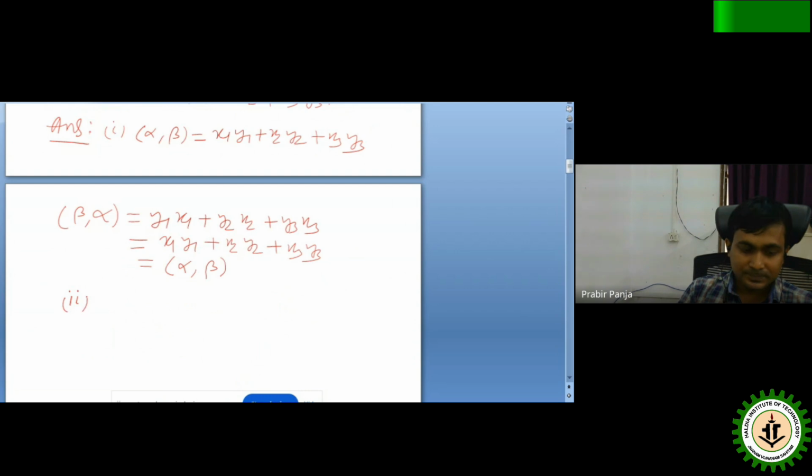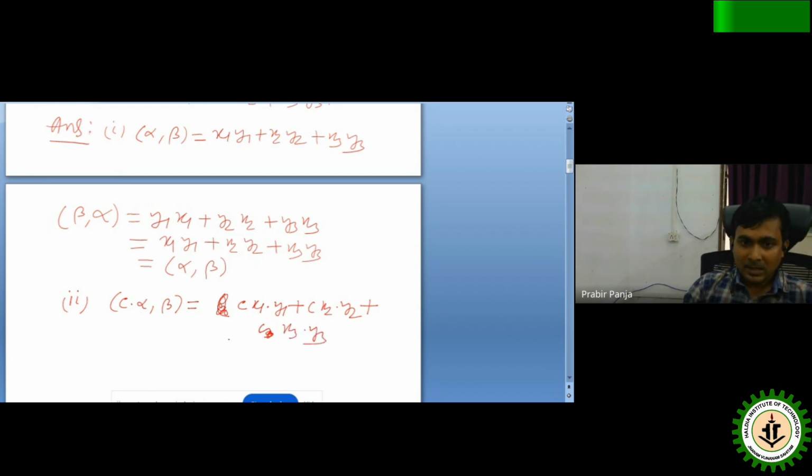Condition number two. Now, if we take a scalar c, and multiply with vector alpha, and take the inner product of c alpha with beta, its value will be equal to cx1 into y1 plus cx2 into y2 plus cx3 into y3.